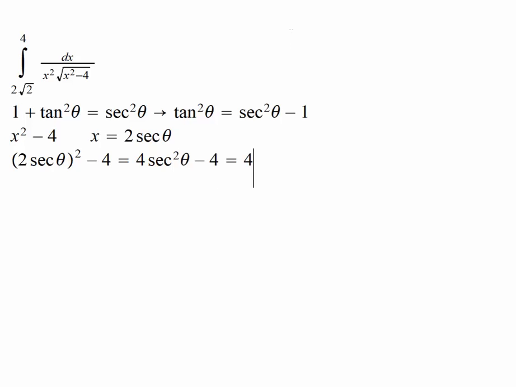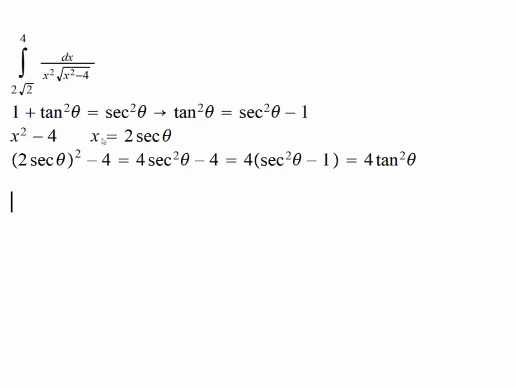And that will be, as we said just a moment ago, a factor which is going to give us 4 tangent square theta. All right, so with this, when we apply square root, our square root signs will disappear.